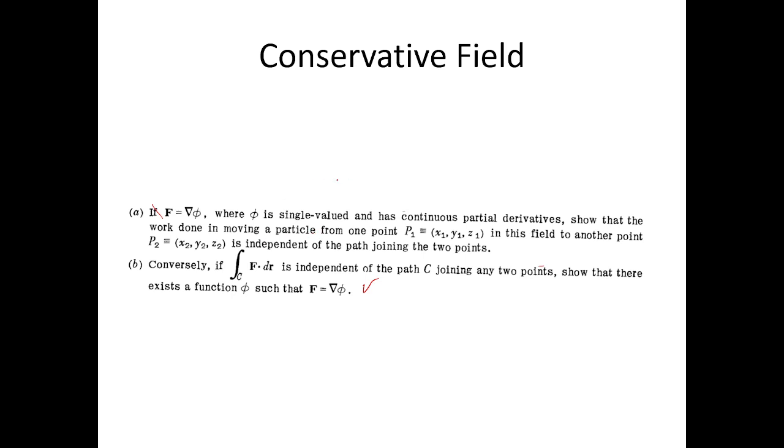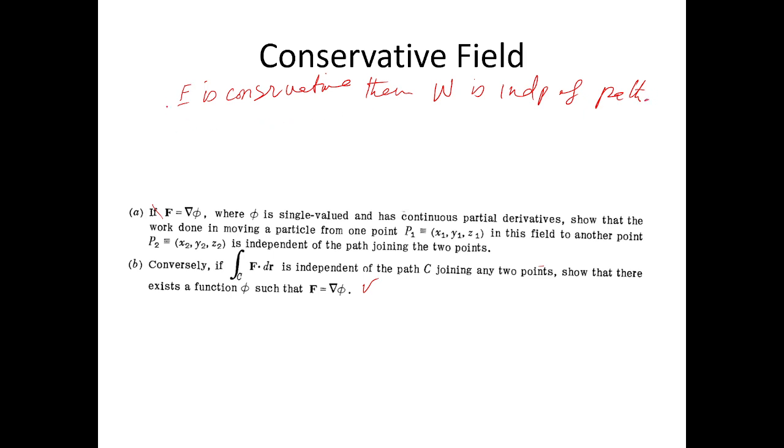So we can write that if F is conservative, then work done is independent of path. That is the first statement. In other words, if F is conservative, then work done is independent of path.